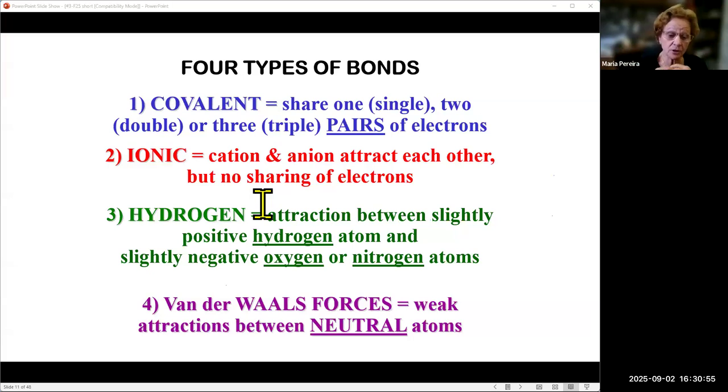They just come together because they have different charges. So it's an electrostatic force that maintains these ions together. They're weaker than covalent bonds, and they don't require enzymes to break them apart. For example, if you think about sodium chloride, you heat it up and these ionic bonds break up.